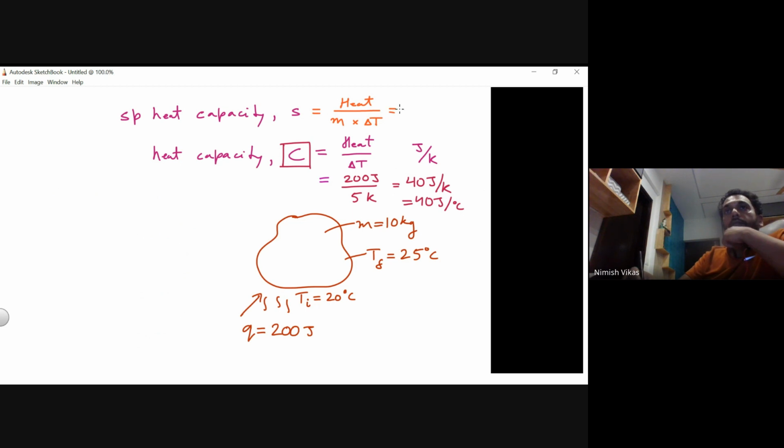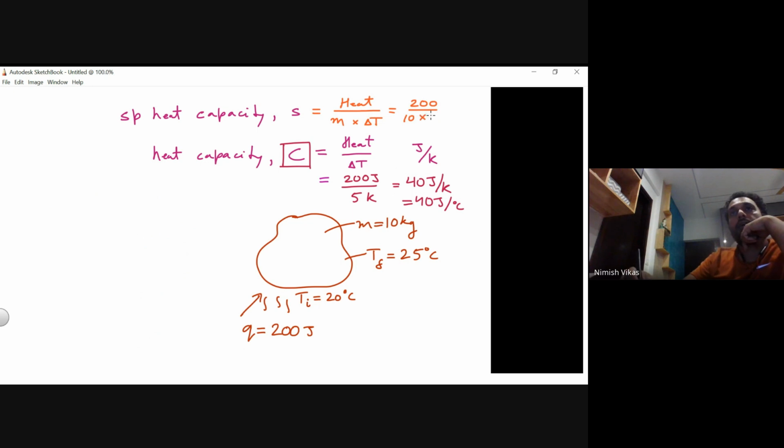So in this case, for the same body, 200 joules is required for 10 kg. So for 1 kg of the body, 20 joules was required. Now that 20 joules changes the temperature by 5 degrees Celsius.